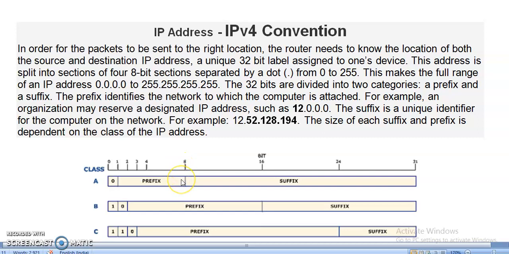In class A, the first octet is the prefix and the next 3 octets are the suffix. In class B, the first 2 octets are the prefix and the next 2 are the suffix, where, as I've already told you, prefix means the network ID and suffix means the host ID.